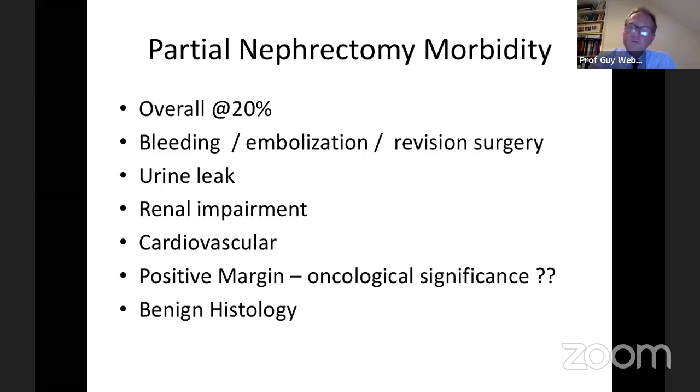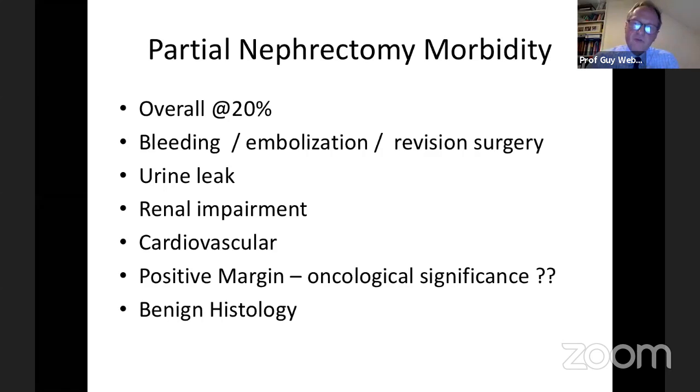Urinary leaks, renal impairment, if a lot of renal parenchyma is removed and the patient already has renal impairment, cardiovascular complications, possibly a positive margin, although the significance of that is not truly known. And most studies have shown that if there is a positive histological margin from a partial nephrectomy, but the surgeon feels he has excised the tumour, you can continue to put it on surveillance rather than surgically go back in.